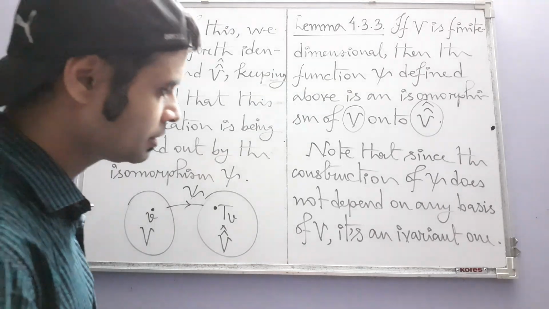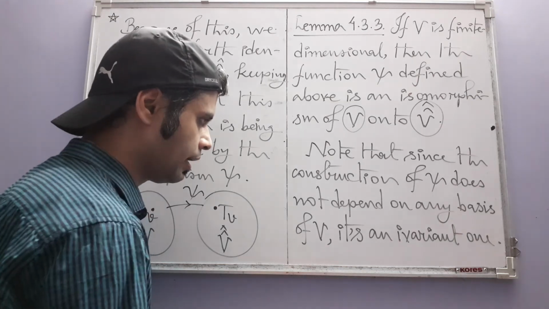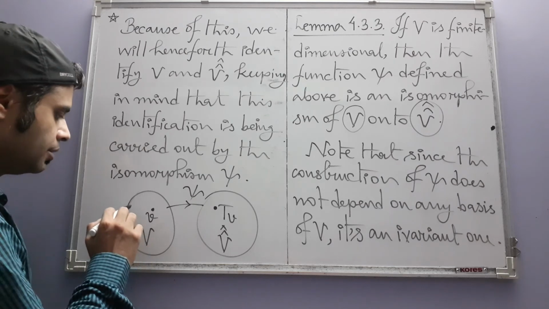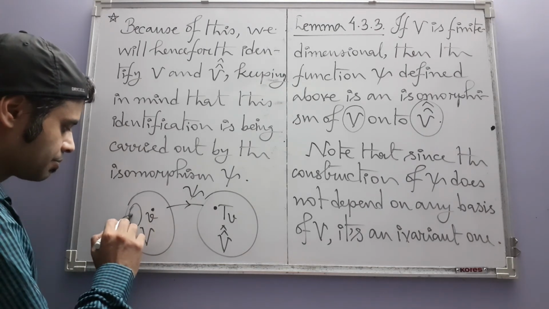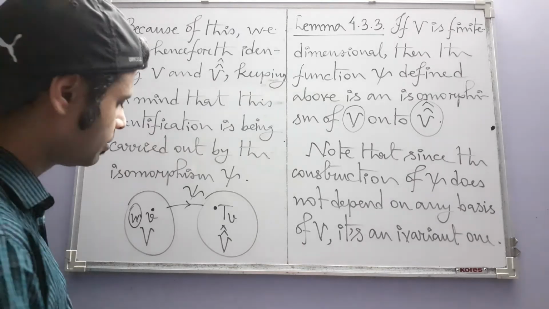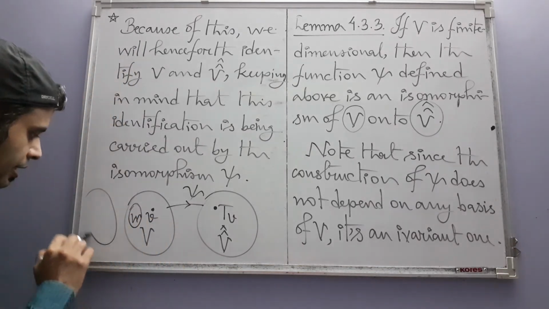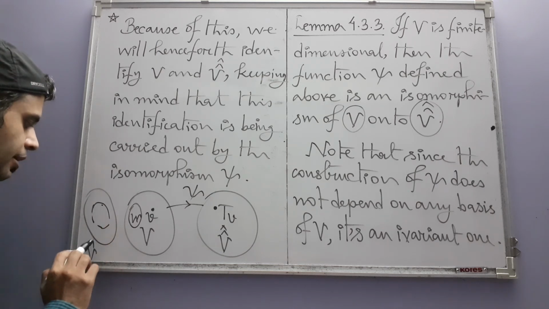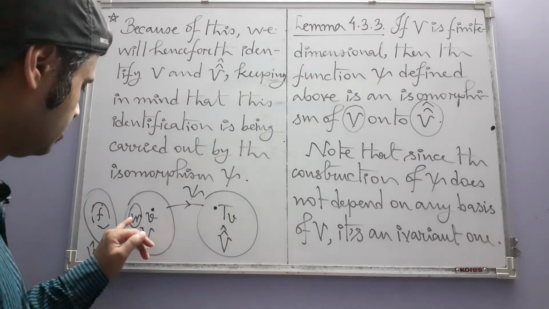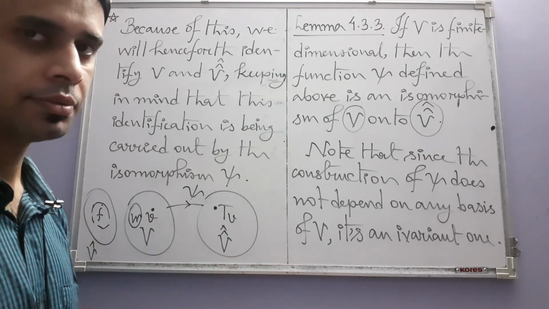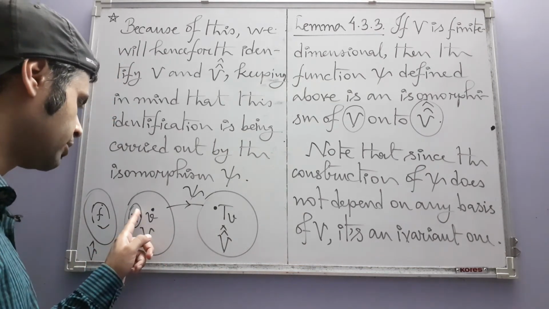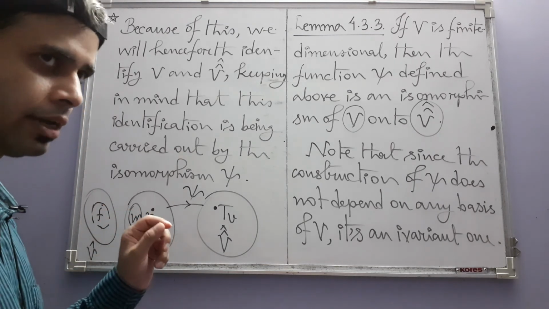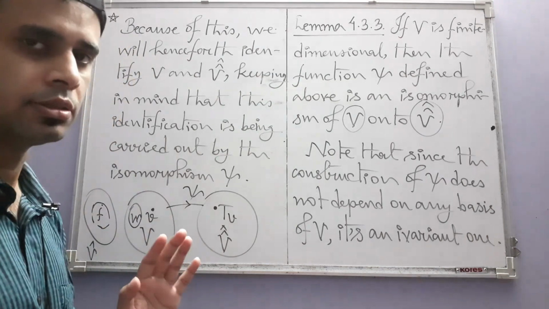The first thing that we will see next is called the annihilator of a subspace W. If in your vector space V you have a subspace W, you can consider all those linear functionals in V hat which vanish completely on W. That is, no matter what vector you choose from your subspace W and put into the linear functional f, it's always 0.